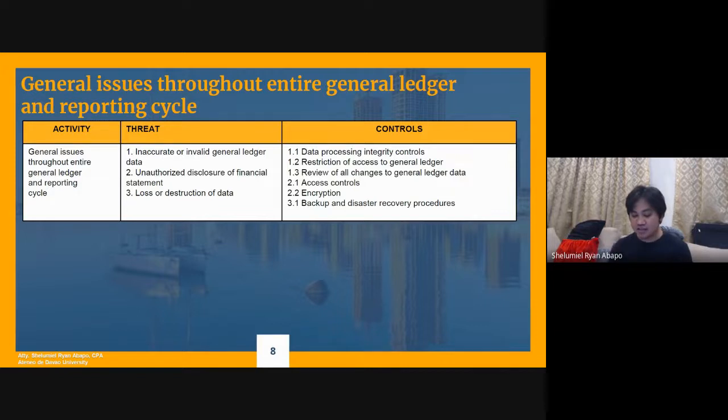The third general threat class will be loss or destruction of data, which we have already discussed in our previous chapter on internal controls, and can be best addressed by backup and disaster recovery procedures.